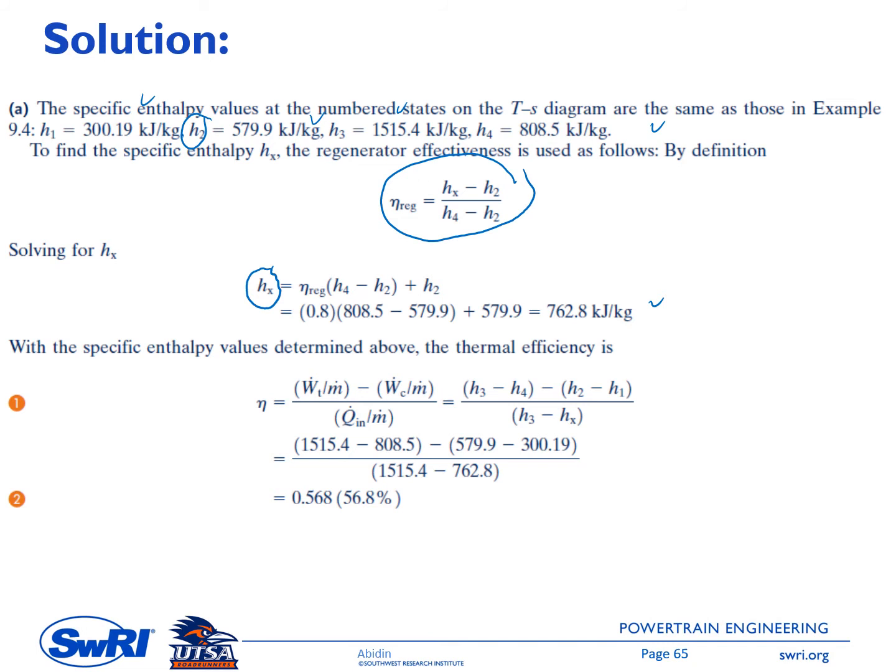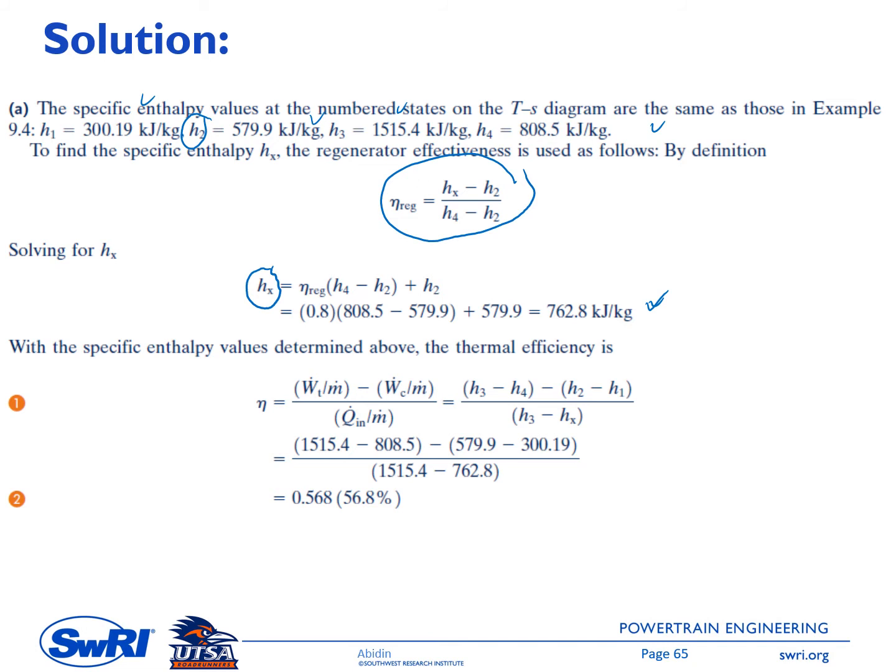By using the regenerator, the enthalpy at the entrance of the heat exchanger increases to 762.8 kilojoule per kilogram.